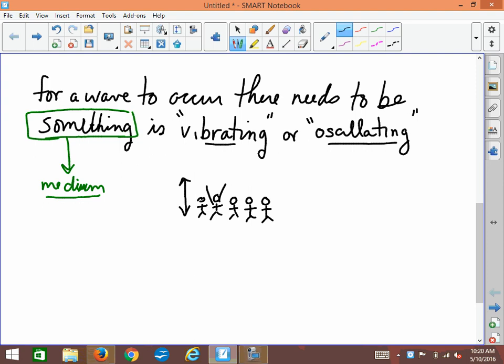For the person who's watching from across the stadium, there's a ripple effect. As each hand goes up and the hands behind go down, then the next one, the hands go up and the hands behind go down. Each time that happens, you can see the hands up are like the bump of the wave, and they keep moving this way.